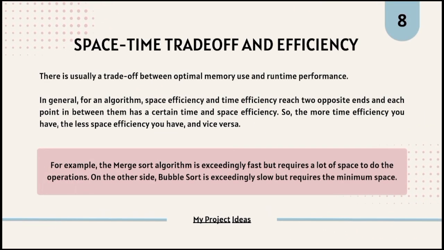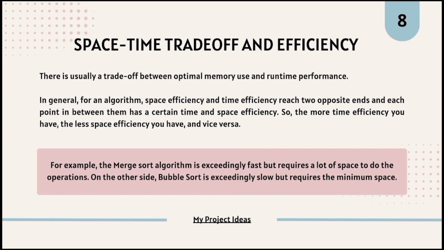Next, space-time trade-off and efficiency. Basically, there is always a trade-off between optimal memory and runtime performance. Space efficiency and time efficiency are both very important to determine the efficiency of your algorithm.